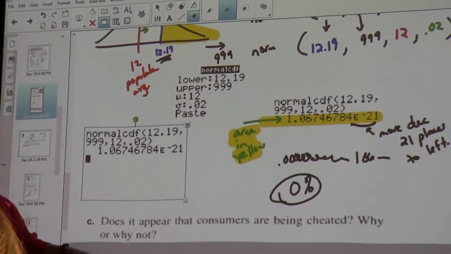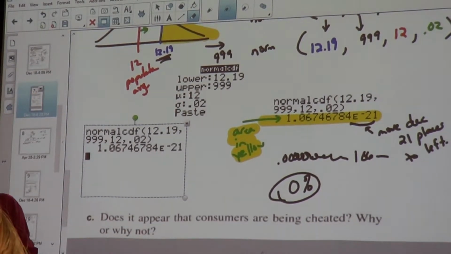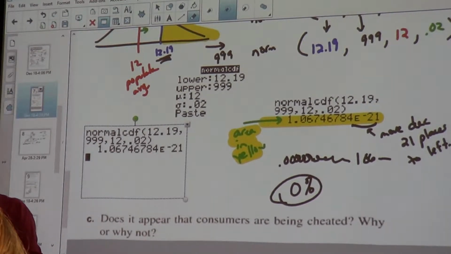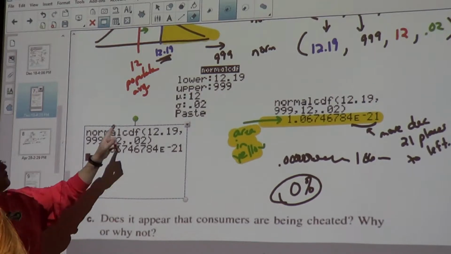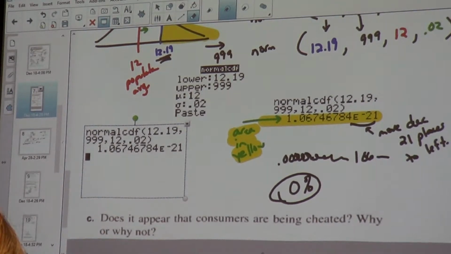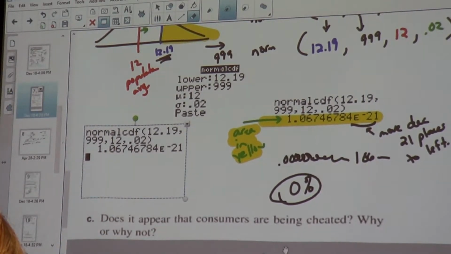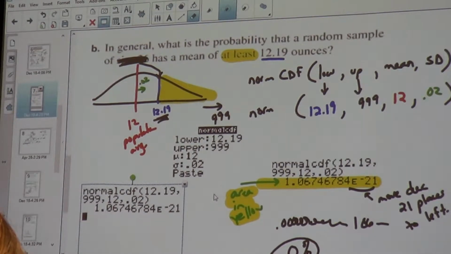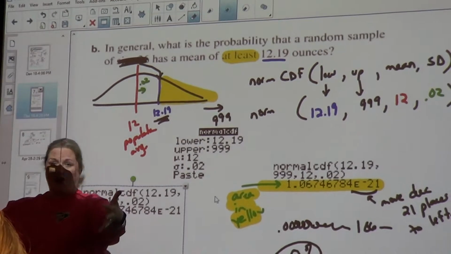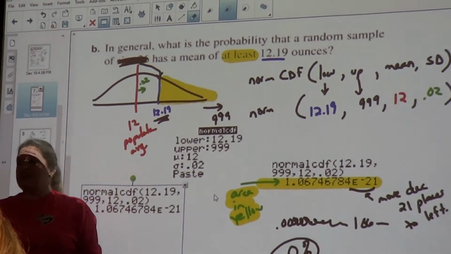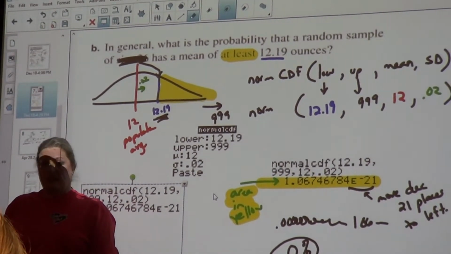Now the question says, does it appear that customers are being cheated? Yes or no? Coca-Cola says when they average all their Cokes, they average 12 ounces. Well, we go by our Cokes and we average 12.19 ounces. Are we being cheated?